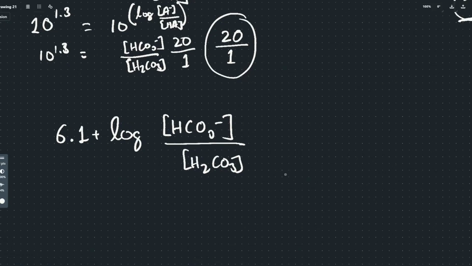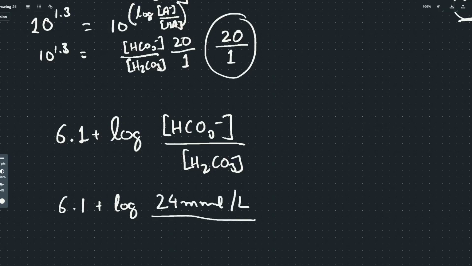Now actually we know the value of HCO3 in our blood. Normally it is about 24 millimole per liter, but we cannot measure the value of H2CO3.